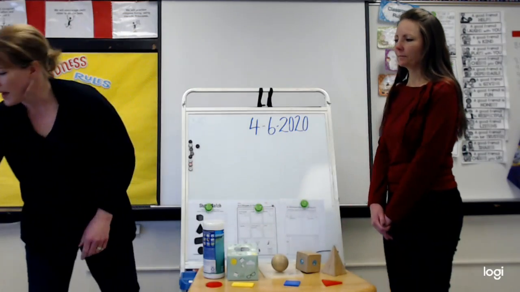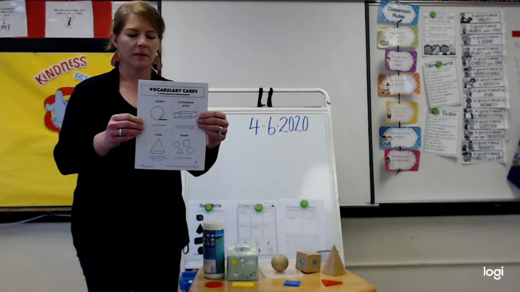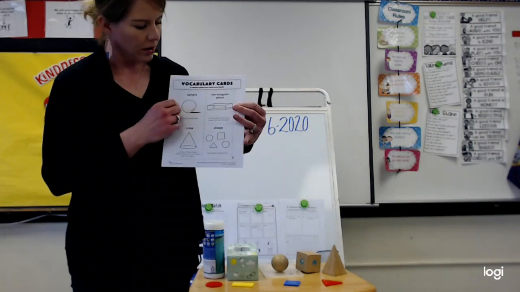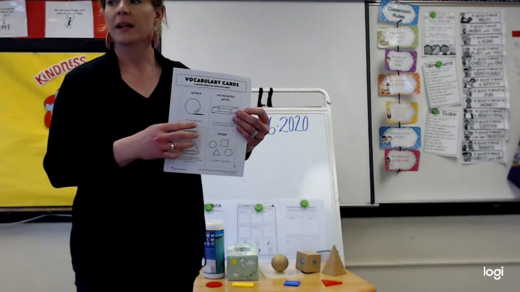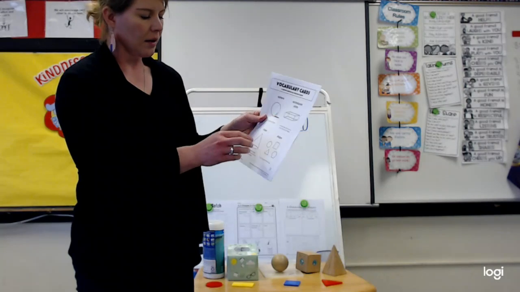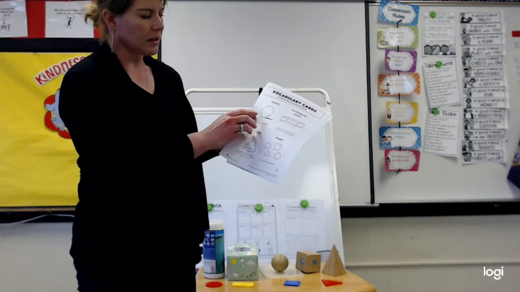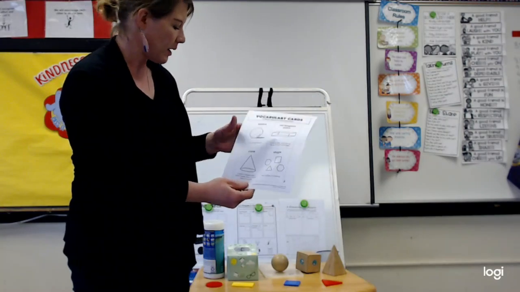And in your packets, you have these papers, and you can see the lines to cut them out. They're flashcards so that you can practice all of the words that we just talked about. So there's sphere, rectangular prism, cone, shape, and the shape is what we talked about.